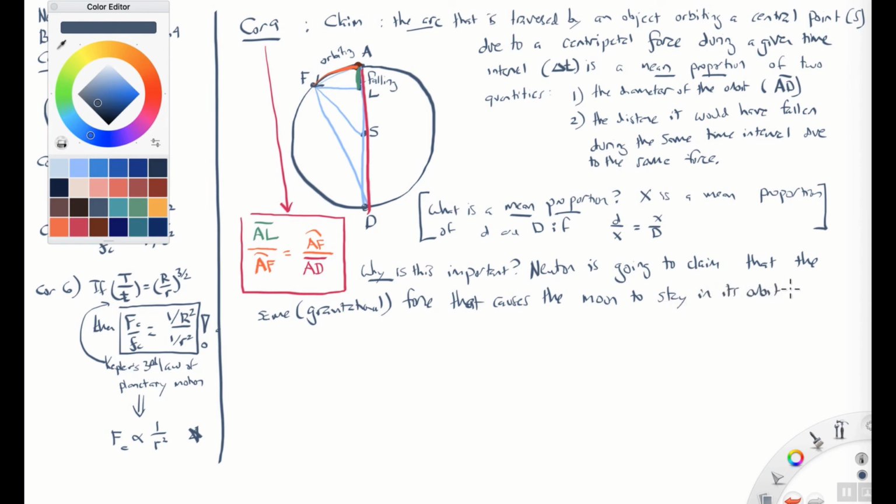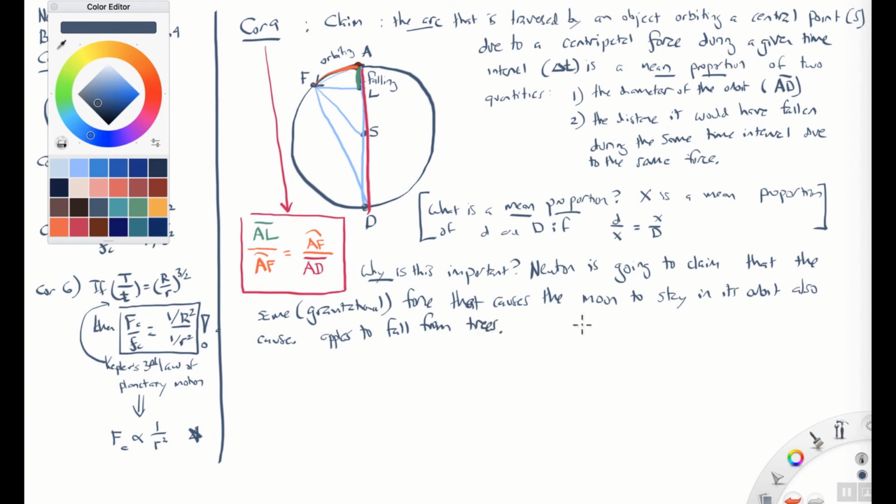Newton's going to claim that the same force that caused the moon to stay in its orbit also causes apples and other things to fall from trees.